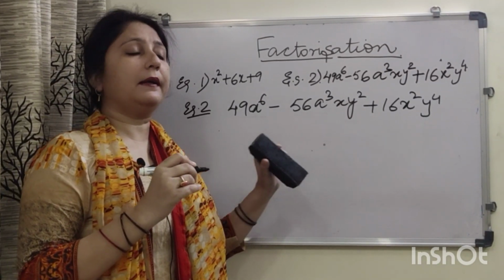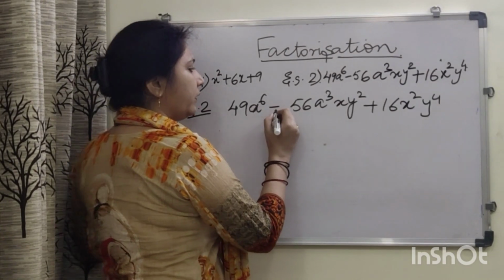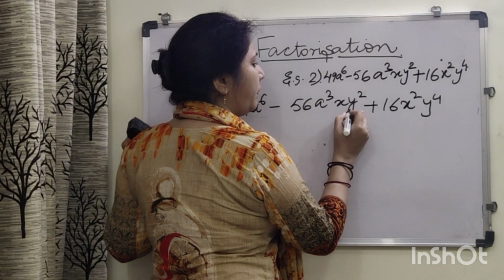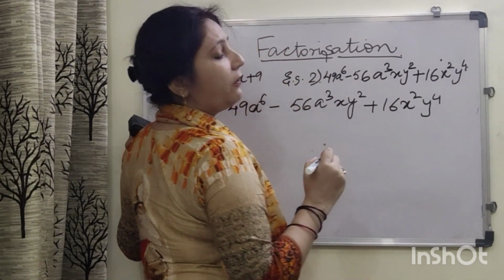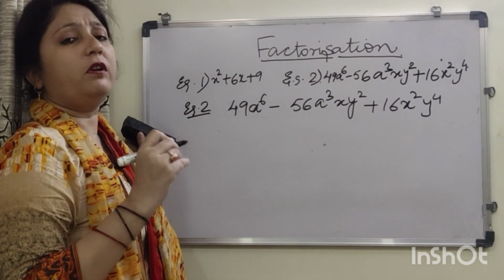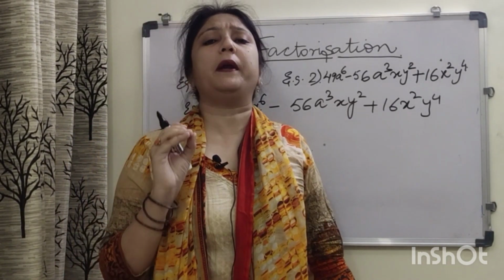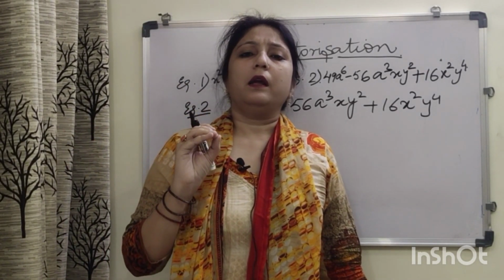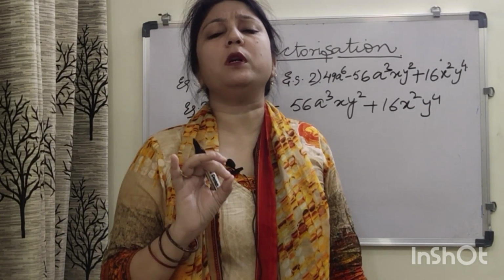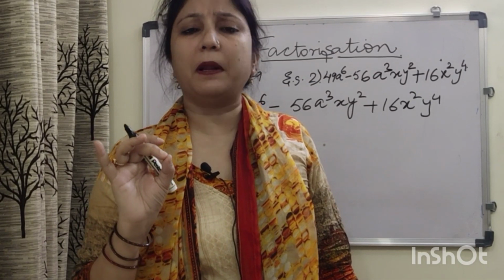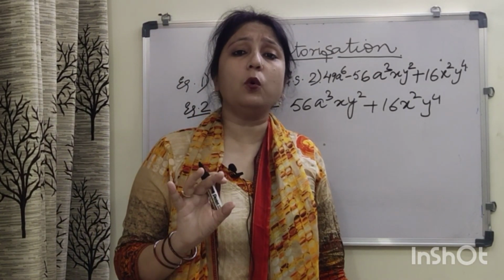Another example that I have taken for you is 49a to the power 6 minus 56a cube xy square plus 16x square y to the power 4. Children, first of all, to search for two whole square terms, very simple thing, you look for the two terms that are written with plus sign and check whether they are whole squares.